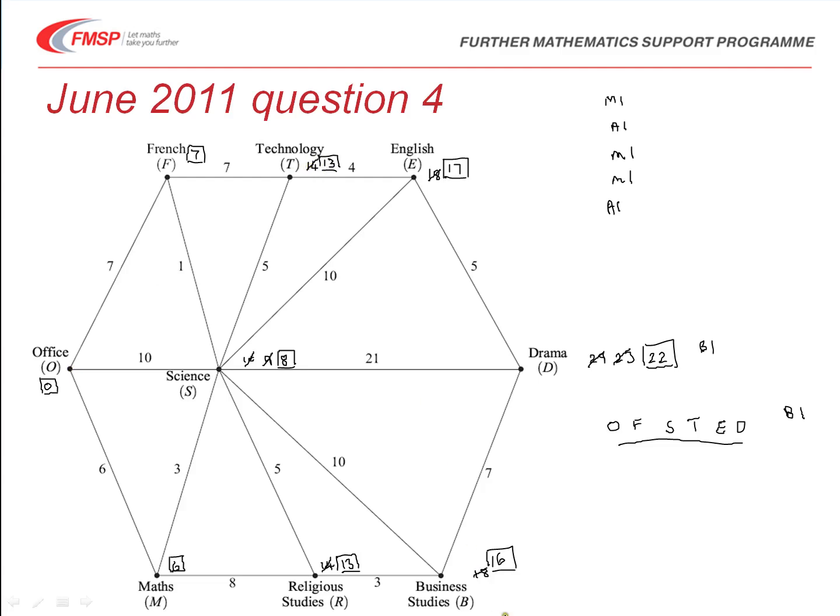So if we are trying to get to the Business Studies department, the value that's boxed is 16. So the time it would take would be 16 to get from O to B. And again, stating that value will give you 1 mark.